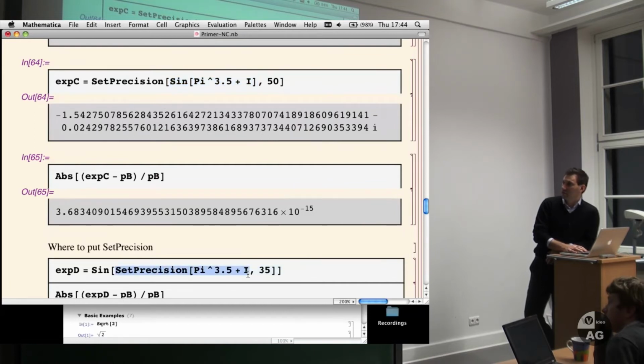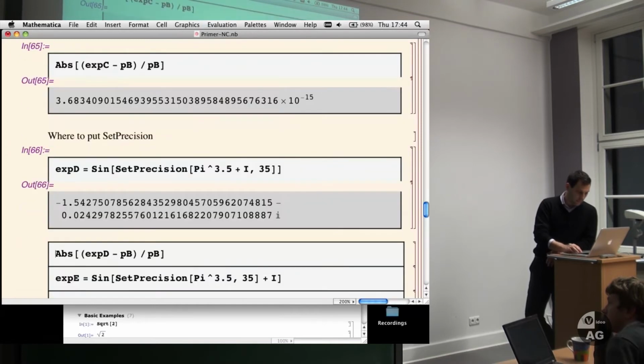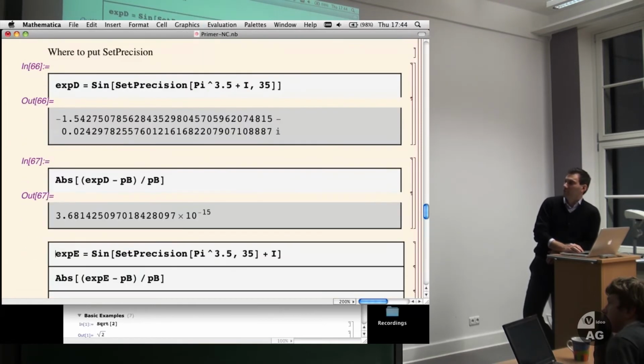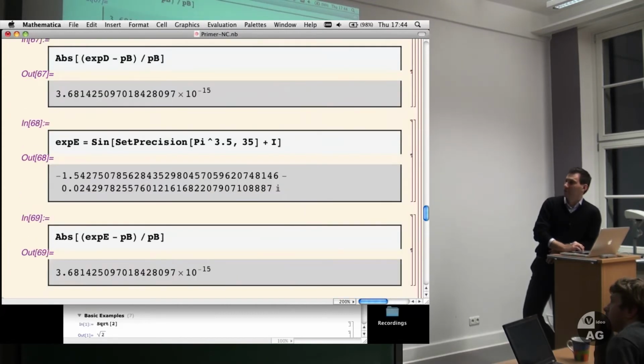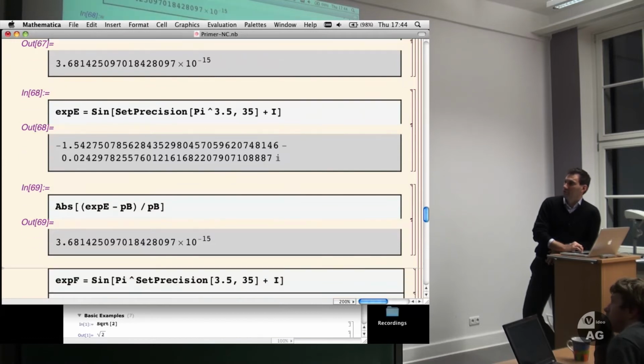Let's go inside, set the precision of this expression, and then compute the sign. Doesn't work. So, okay, let's go a little bit more inside. Let's set the precision of pi to the power of blah, and then I do plus I, and then the sign. Still doesn't work.